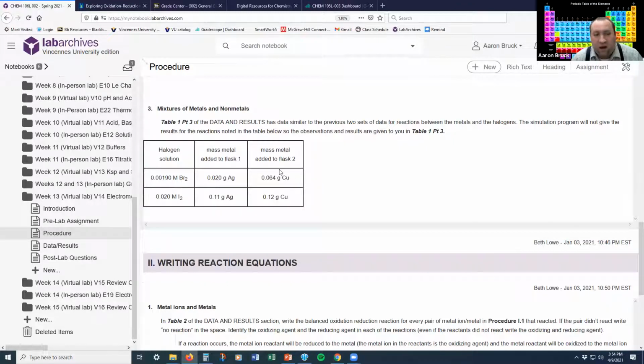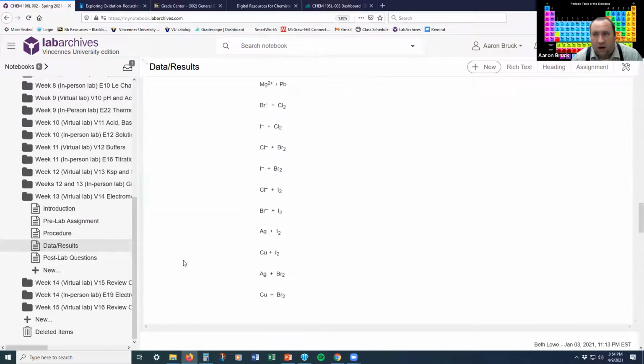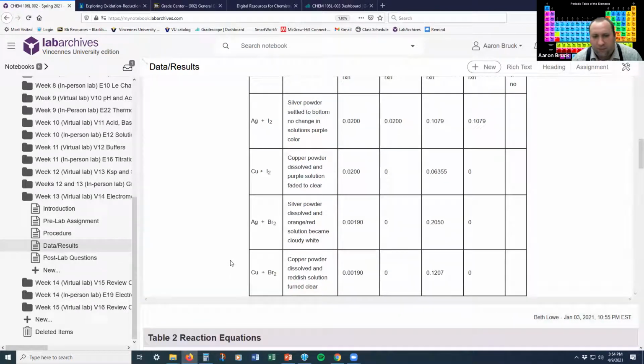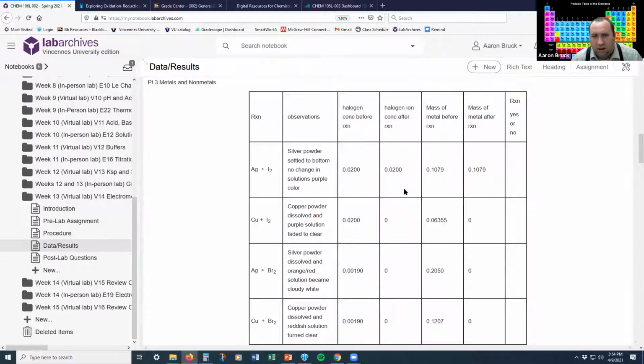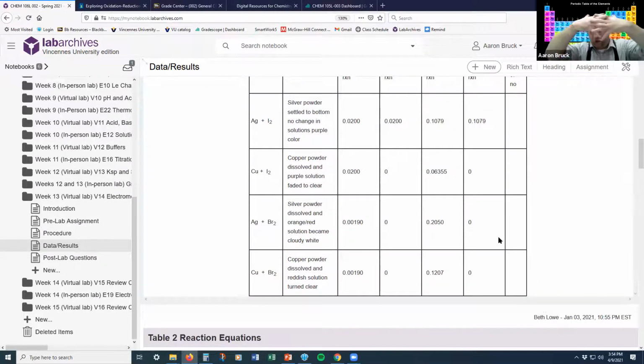And then we have given you data for the interactions between bromine and silver, chlorine and copper here in part 3. Based on these data, you should be able to determine whether or not a reaction has occurred, and you can kind of see where the two tables mesh with each other.